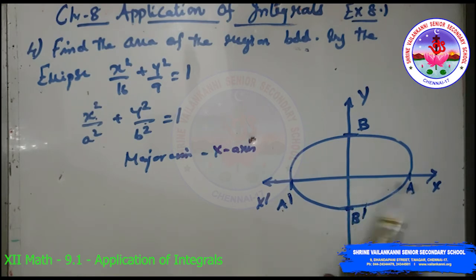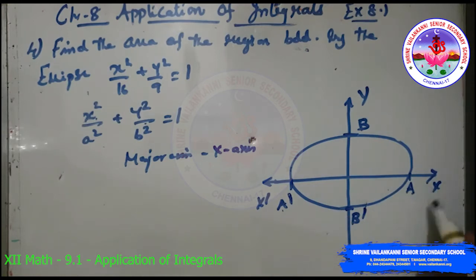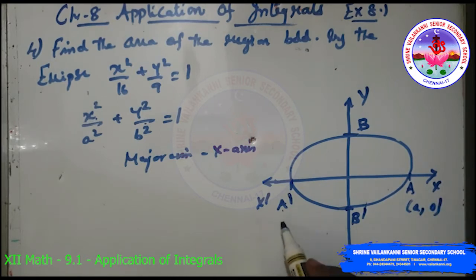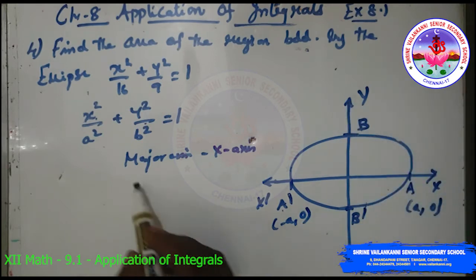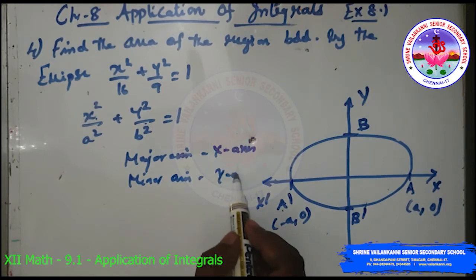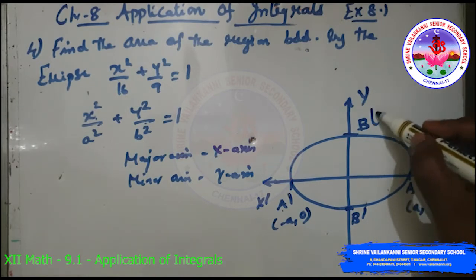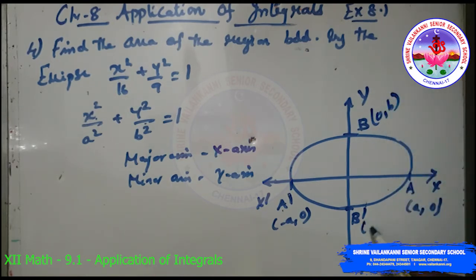A is in the positive side and A dash is in the negative side. So A is (a, 0) and A dash is (minus a, 0). And the minor axis is along y-axis. So the vertices are B and B dash, so (0, b) and (0, minus b).